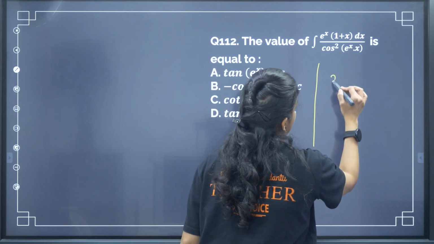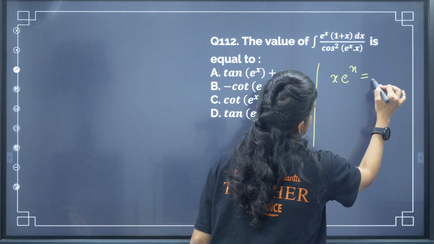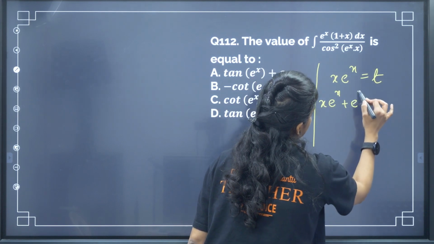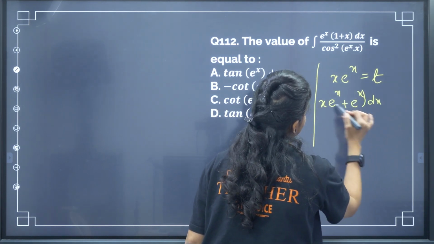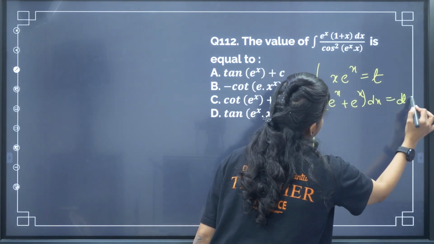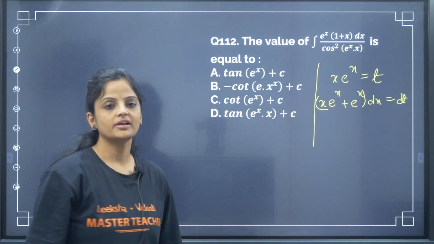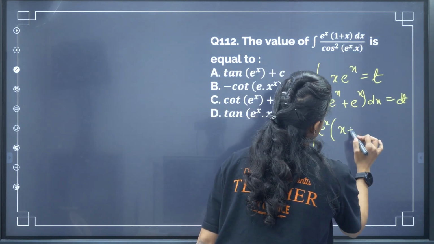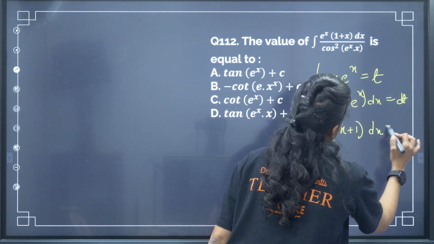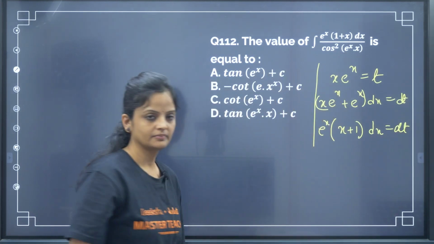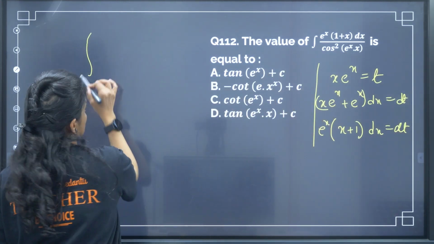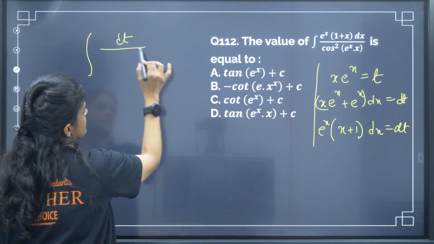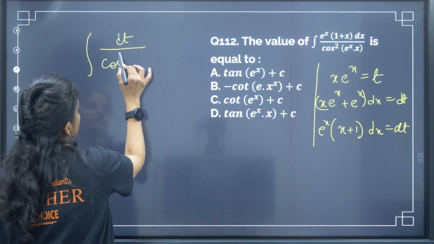So if I take x into e to the power of x as t, then differentiate this: e power x into x plus 1 dx equal to dt. I have the numerator as dt. So e power x I have taken out, x plus 1 into dx, this will give you dt. So integration of dt divided by cos square t.